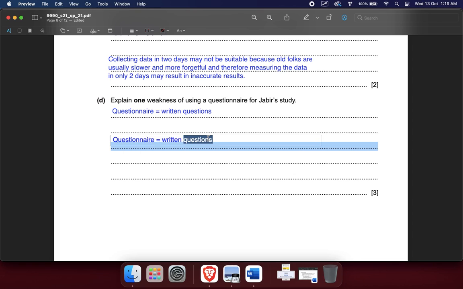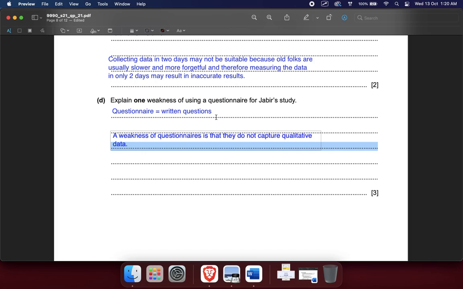A weakness of questionnaires is that they do not capture qualitative data. Okay, what else? Okay, no, I think there's an easier answer that we can probably use. Let me think for a minute.